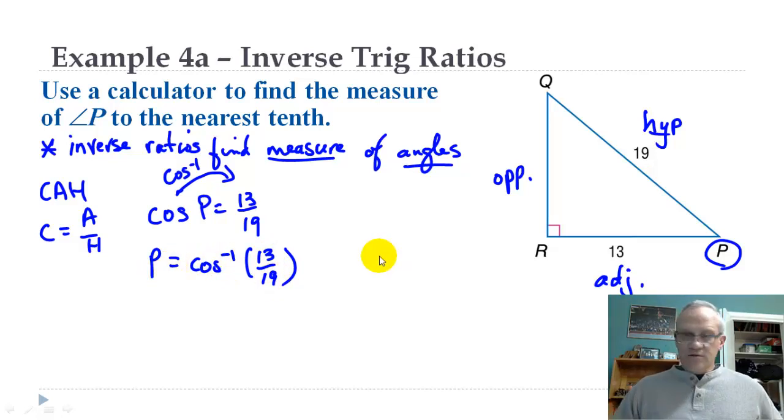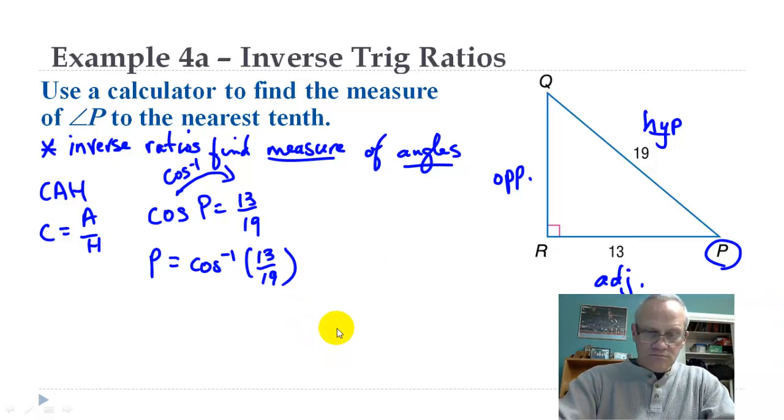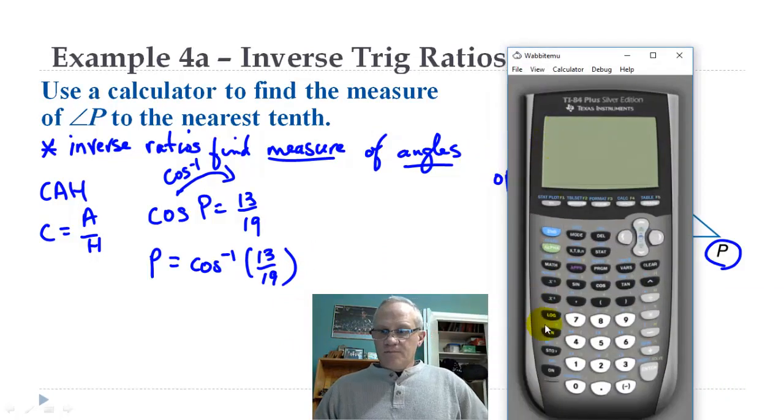All right, how do I do this on my calculator? On my calculator, notice, it's kind of hard for me to see because it's really small, but you might be able to see it better. Right above the sine, cosine, and tangent buttons, there's a little sine -1, cosine -1. That's your inverse functions. To get to that, you hit the second function, the blue one.